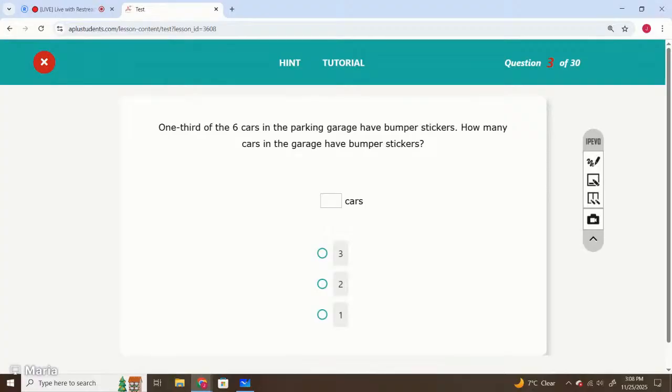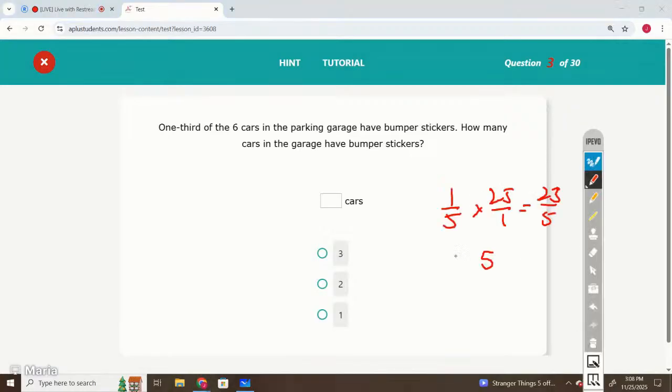One third of the 6 cars in the parking garage have bumper stickers. How many cars in the garage have bumper stickers? So we have to find one third of 6, right?